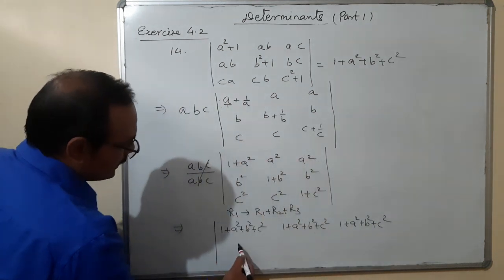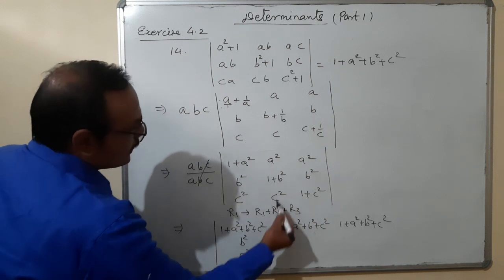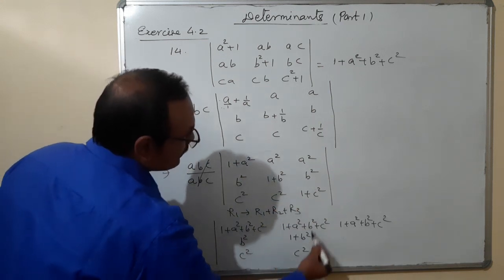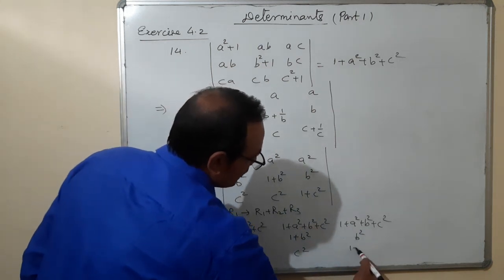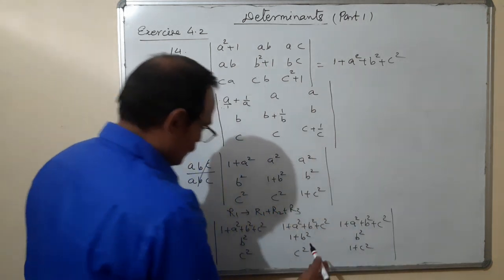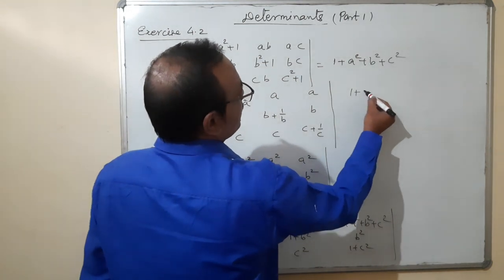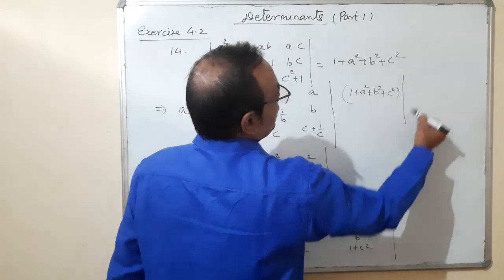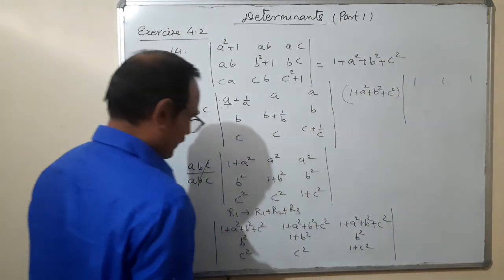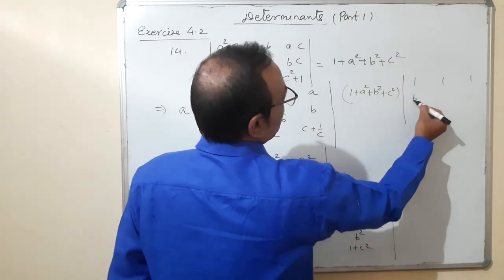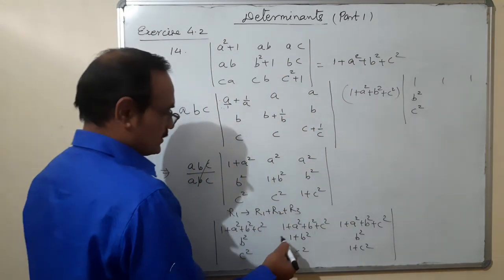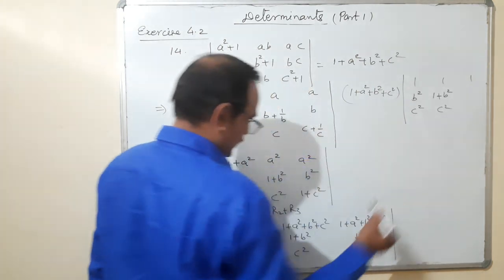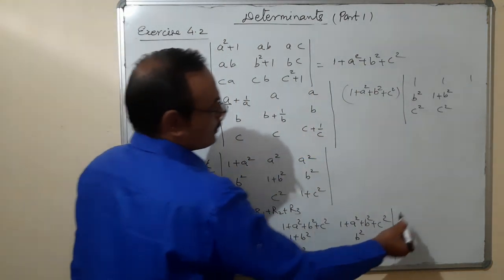Remaining terms I am writing here: B square, C square; 1 plus B square, C square; B square and 1 plus C square. What is common? 1 plus A square plus B square plus C square is common, so the first row is 1, 1, 1.